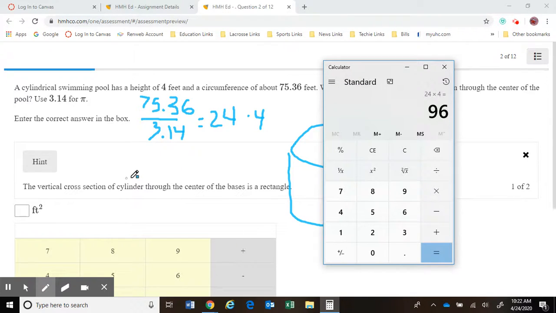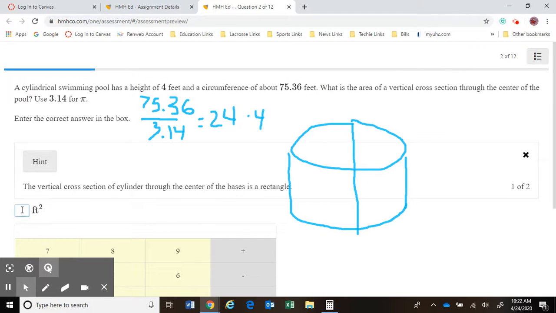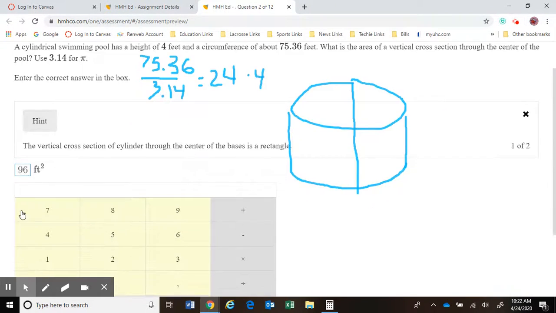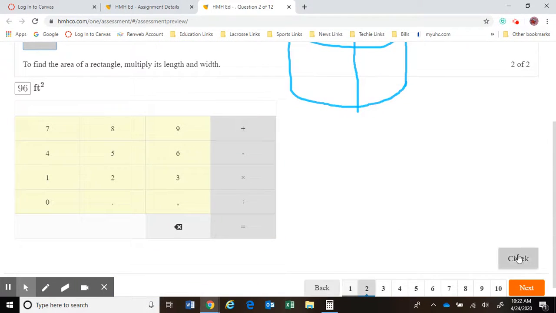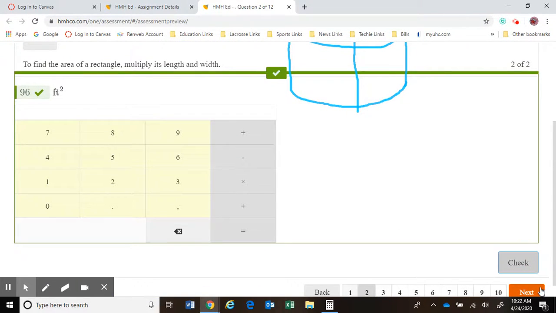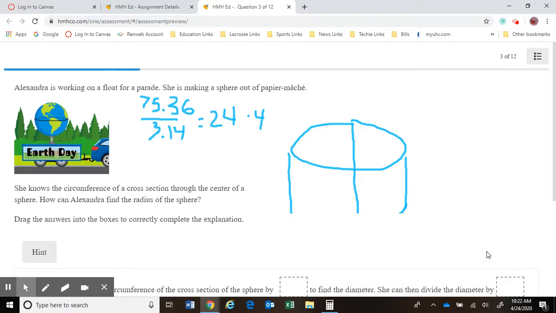Okay, so I've got my 2 dimensions, 24 and 4, 96. Okay, find the area of a rectangle, multiply its length and the width. So that was your length, and that was your width. Okay, we're good. Moving on to question number 3.